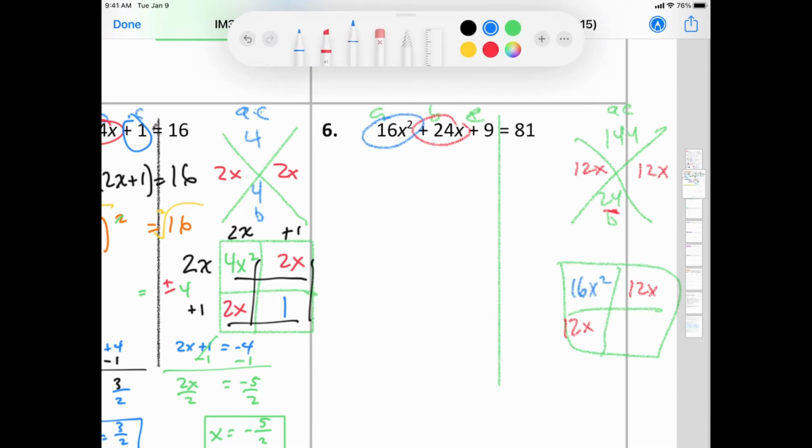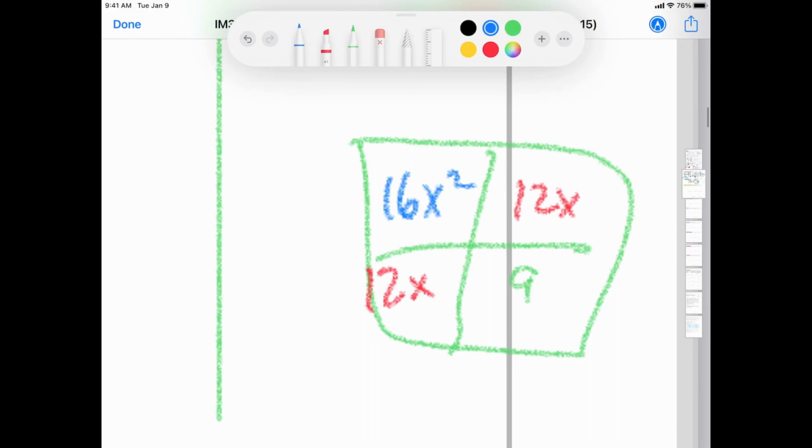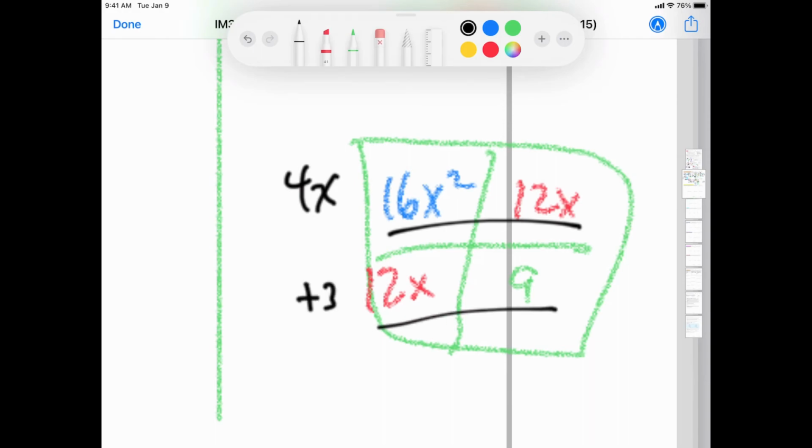16x squared. And the 9 will always go here. This direction, 4x. This direction, plus 3. And again, if you're not sure what the greatest common factor is, you could just guess a number to multiply. Let me show you. 4x times something equals 16x squared.